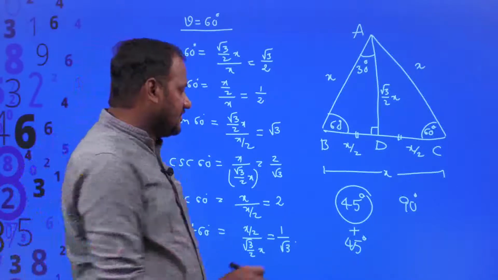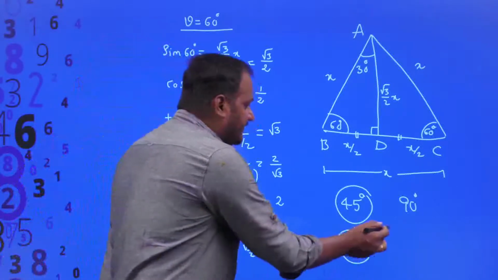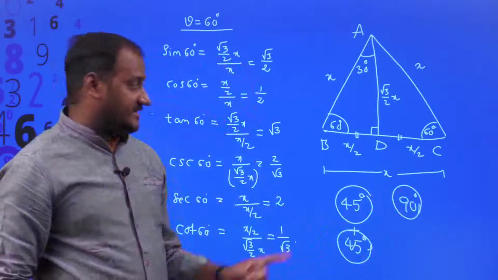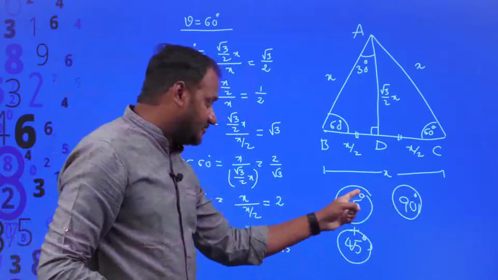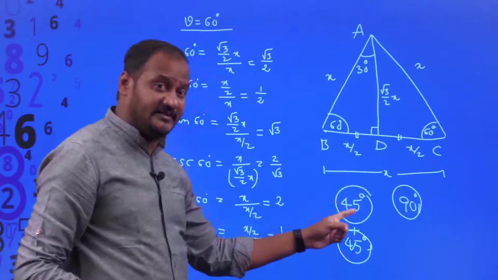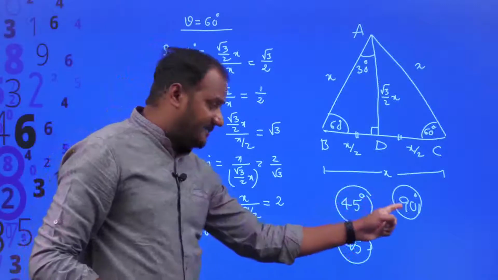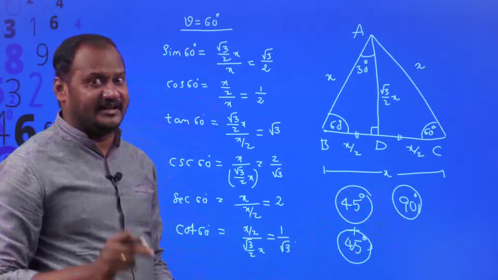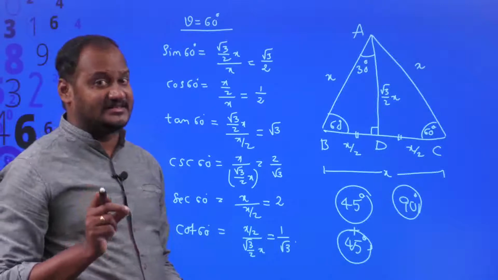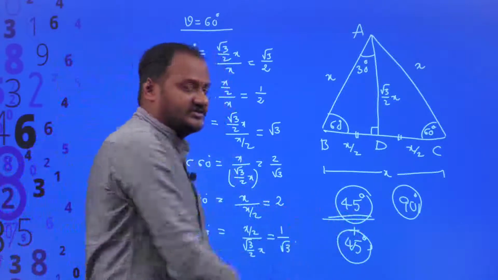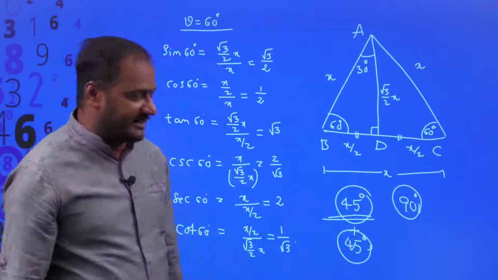Right. So if both the angles are 45 and one of the angles is 90 degrees, then what do you call the triangle? This is a right angle triangle and two angles are equal, then the sides opposite to equal angles are also equal, meaning it is an isosceles triangle plus it is a right angle triangle. So you will have to consider a right angled isosceles triangle to figure out the values of trigonometric ratios at 45 degrees.